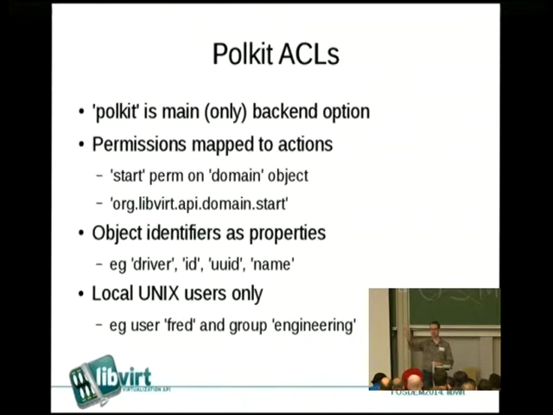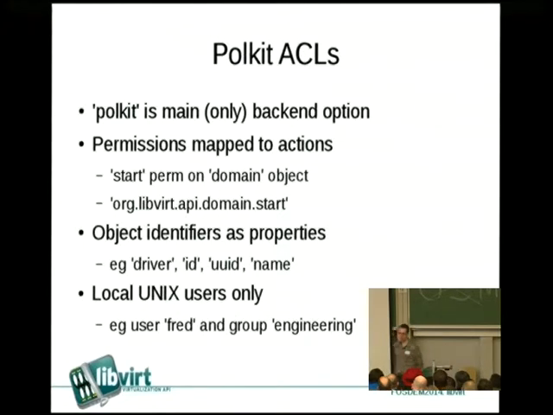And then we map those permissions into PolicyKit actions. So if you want the start permission on the domain object, that gets mapped into a PolicyKit action called org.libvirt.api.domain.start. And there's a whole bunch of these permissions, which you'll again find in the online API documentation for Libvirt. So you can figure out what the mapping is for any APIs.